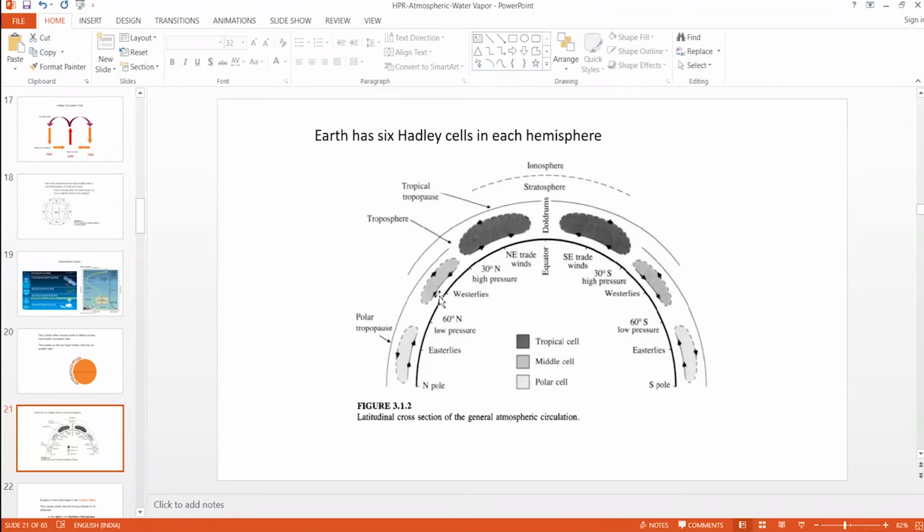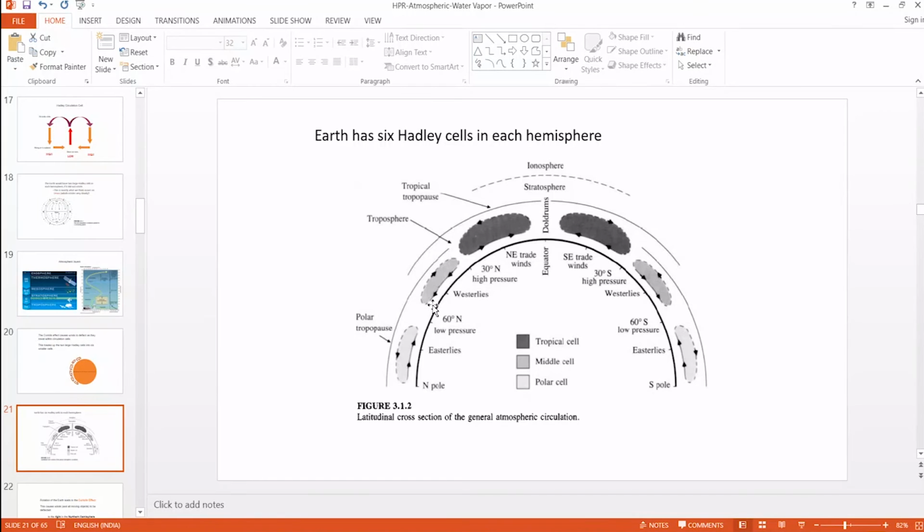This cell forms between 30-degree and 60-degree latitude. It forms because when the wind blows in the higher atmosphere towards the poles, it loses its energy, cools down, then comes back to the earth. Here it is bifurcated: one part goes one way, one part goes the other. Then again it starts going towards the poles.